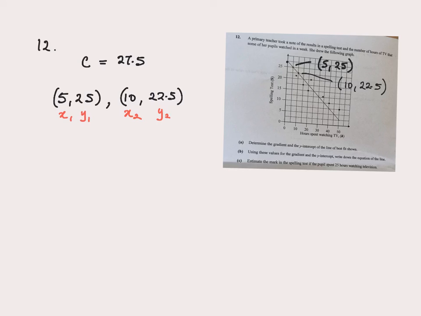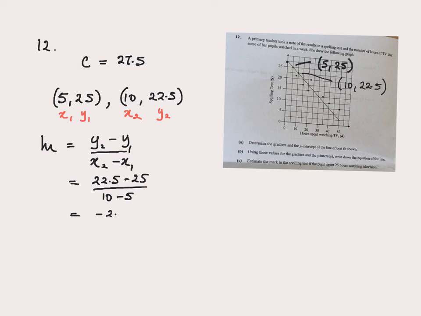The gradient formula, remember, is y2 minus y1 over x2 minus x1. So 22.5 minus 25 over 10 minus 5, minus 2.5 over 5, and that's minus a half.